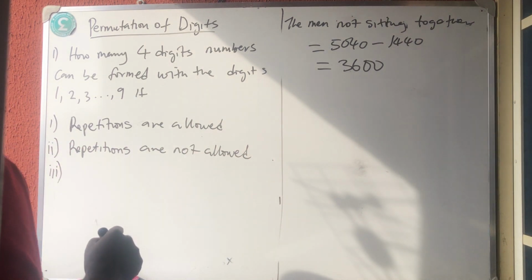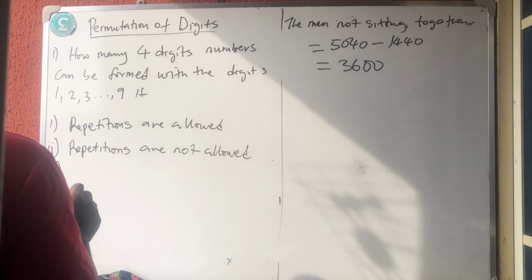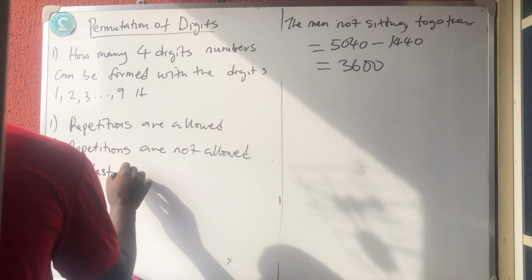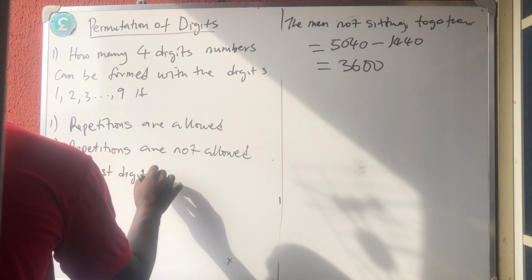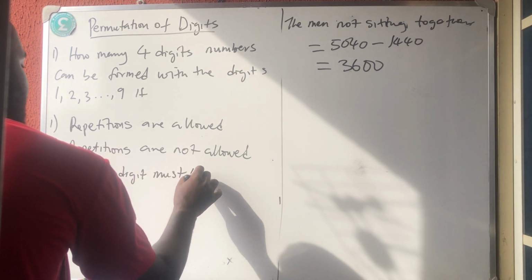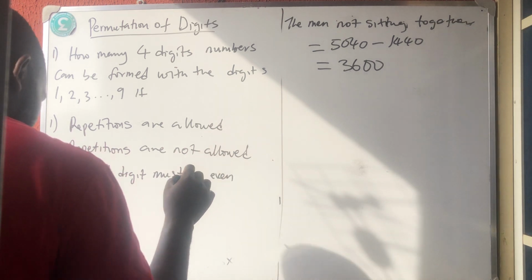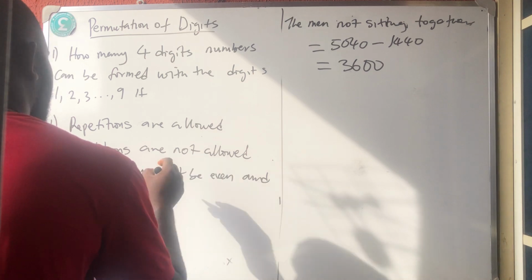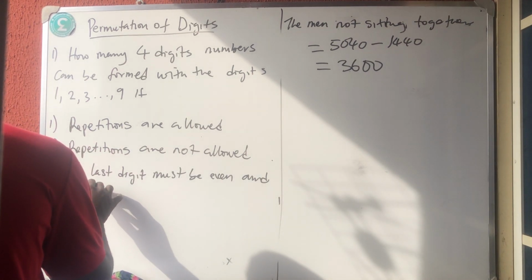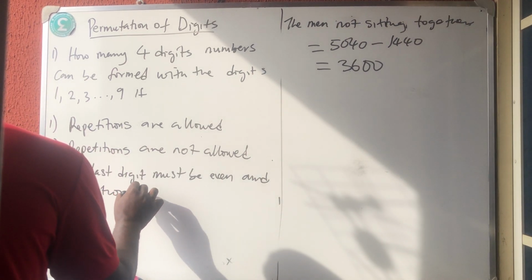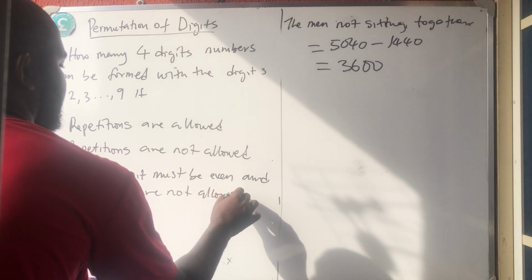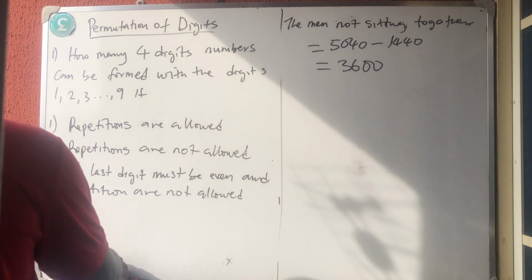The last digit must be even, and repetitions are not allowed. Okay, so let us solve that.